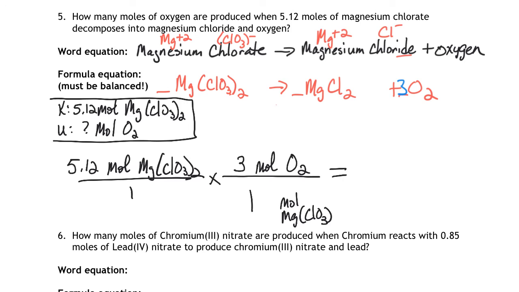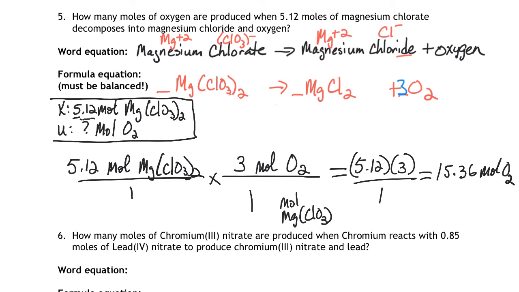So I put that in my calculator and it's going to end up being 5.12 times 3, of course, over 1. And that equals 15.36 moles of O2. I checked my significant figures. I've got 1, 2, 3, so I need 3 in my answer, which means 15.4 moles of O2 will be my final answer. And there we go.